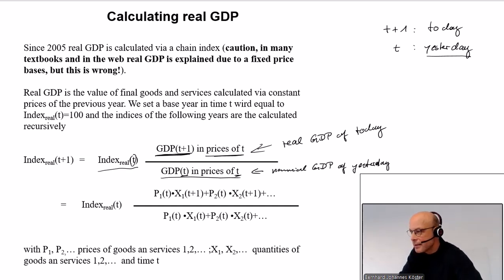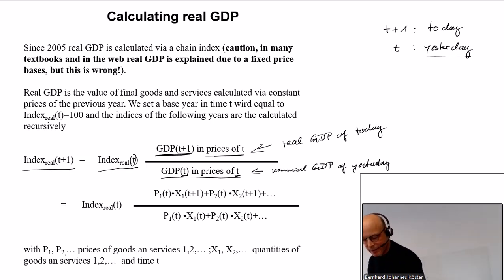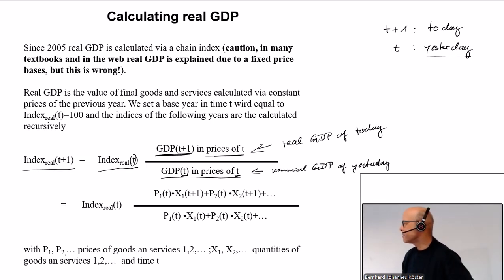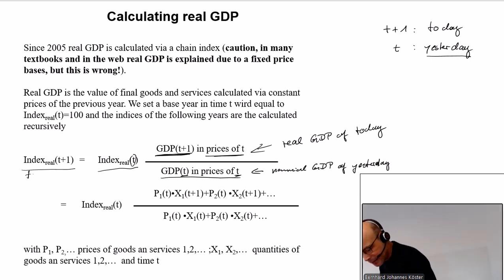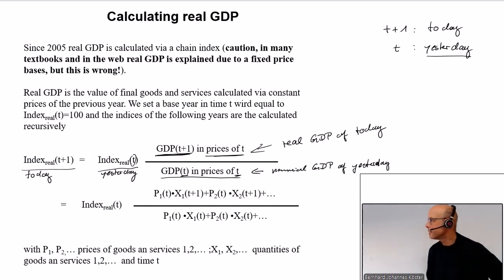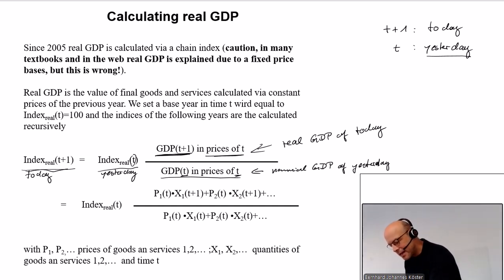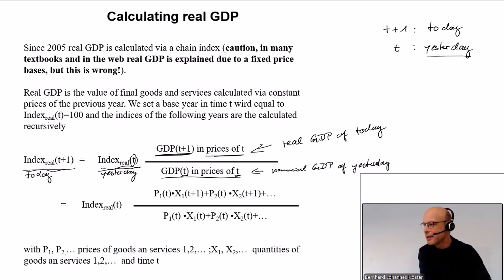of yesterday. So, well, then you can ask, and we obtain the index of today. So this would be again today, and this would be yesterday. Well, then you can ask, how shall I calculate this if the number of today depends on the number of yesterday?